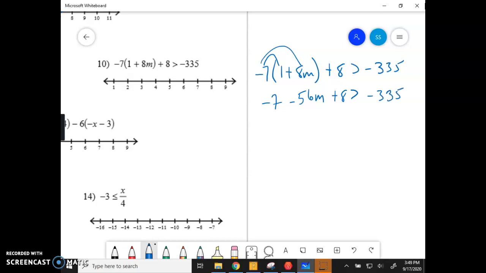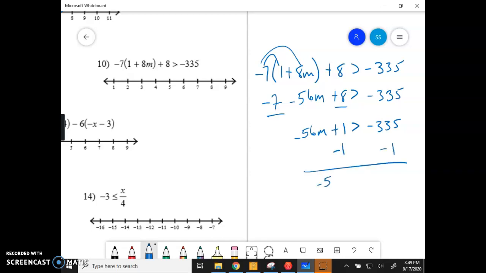Now I need to combine like terms. So negative 7 plus 8 is 1, so I'm just going to rewrite this. Negative 56m plus 1 is greater than negative 335. All right, now I want to get rid of this 1, so I need to subtract 1 from both sides.